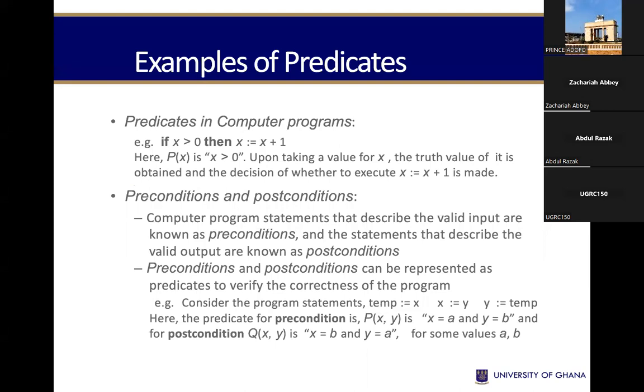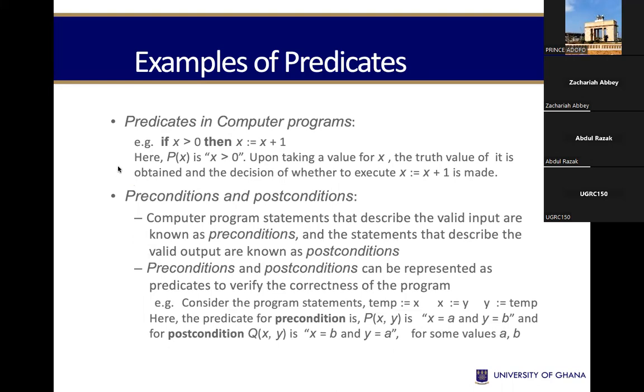With this implication, our premise is that x is greater than 0, and if this is false, the conclusion will not hold. So we don't have a predicate there.